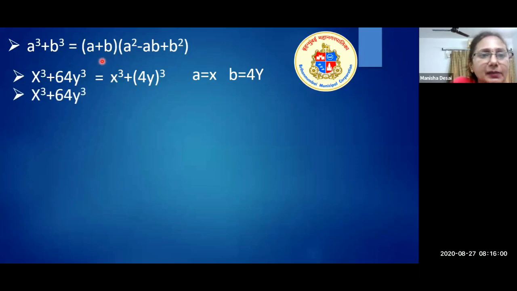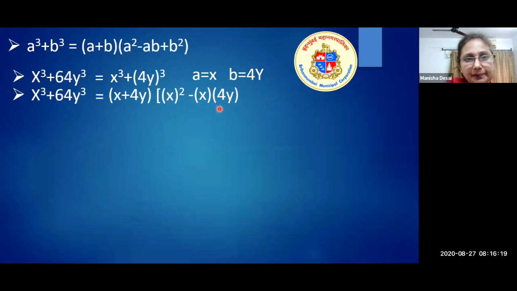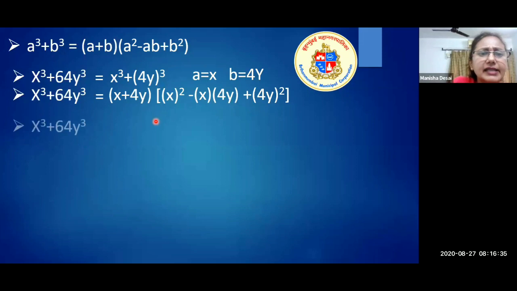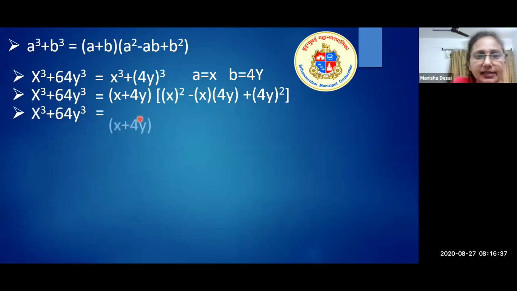So here a plus b can be written as x plus 4y. Then a square can be written as x square, minus ab. Minus ab is minus x into 4y, and plus b square is plus (4y) the whole square. Very good. So now further we are going to solve this. This x plus 4y will remain as it is.